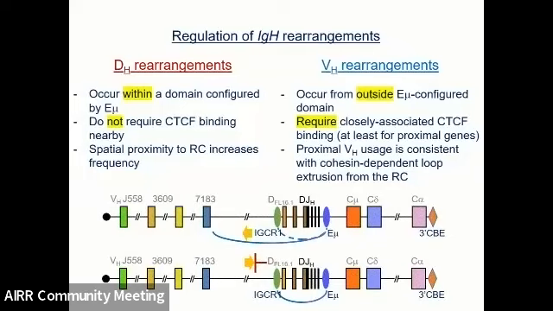We think that the proximal genes in the mouse locus, at least, depend upon the creation of this smaller loop when Emu does not interact with IGCR, shown in the dotted lines, and that the long distance interactions that allow distal V recombinations are blocked on alleles where Emu and IGCR interact, which together form a strong stop for quote unquote loop extrusion that leads to the bringing of V genes close to the recombination center where they will undergo recombination.